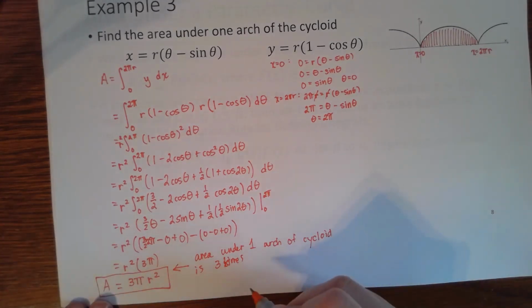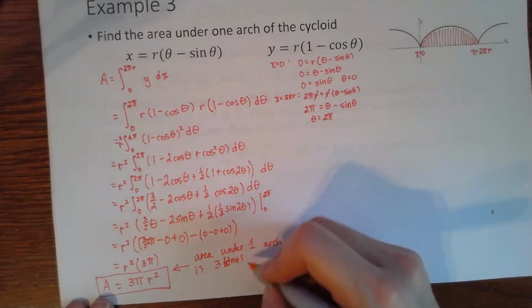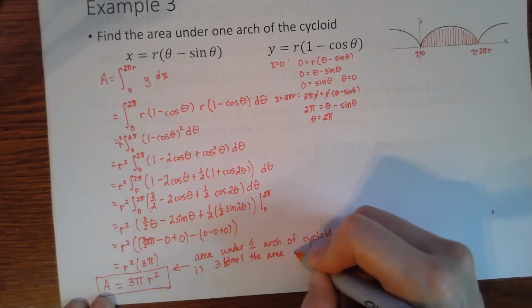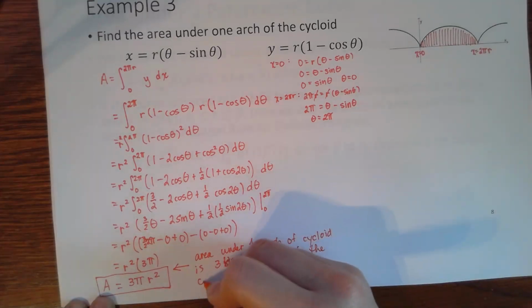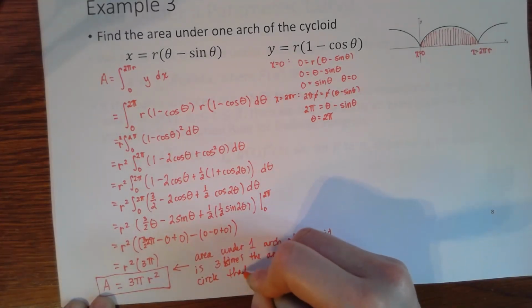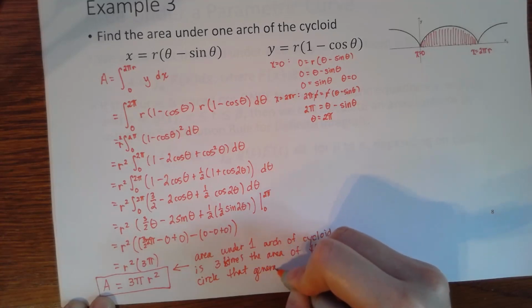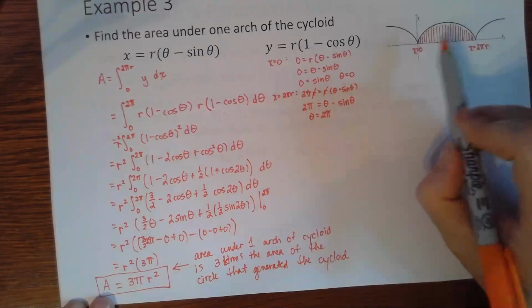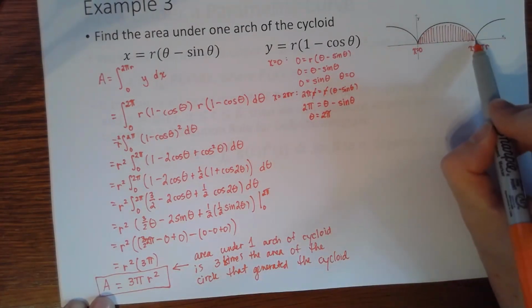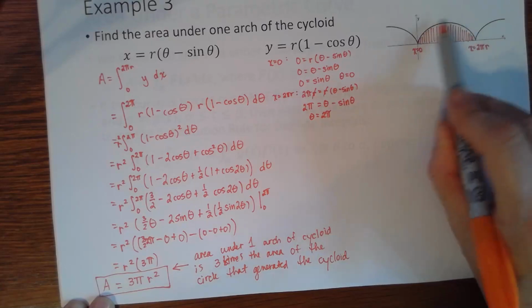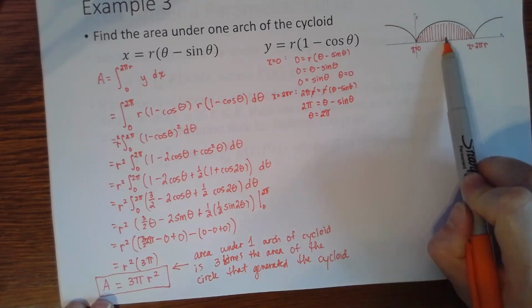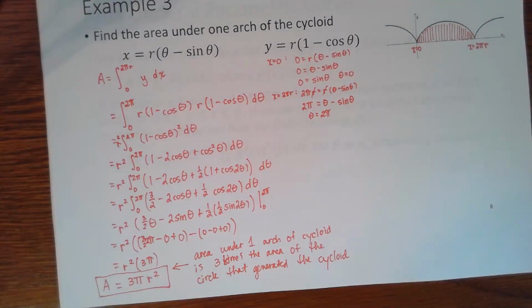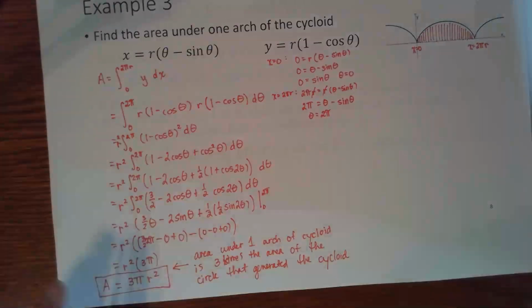So it's 3 times the area of the circle that generated the cycloid. So you have the circle that was rolling along that generated that cycloid, and the area under one arch is 3 times the area of that circle. It's kind of interesting. Okay. So that is an example of area under a curve.